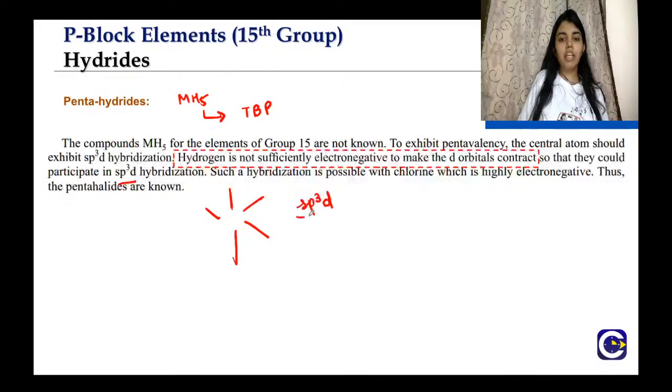For that you need to excite electrons from the p orbital to the d orbital, and the side atom should be electronegative enough, but hydrogen is not. So this hybridization is not possible in PH5, AsH5 or SbH5, right? Such hybridization is only possible with electronegative elements such as chlorine, fluorine, oxygen. Therefore pentahalides are known, but pentahydrides are not known. This is an important question from the examination point of view.